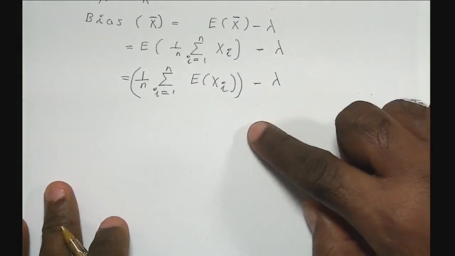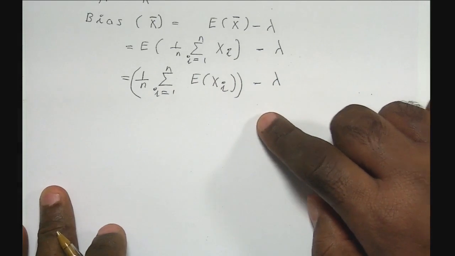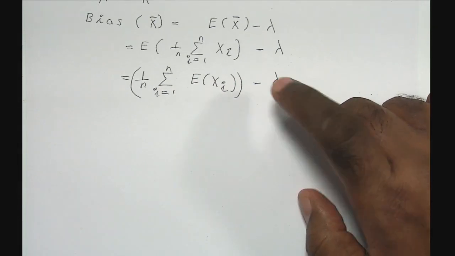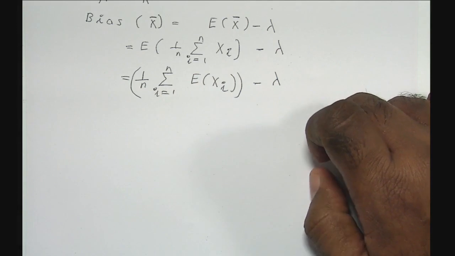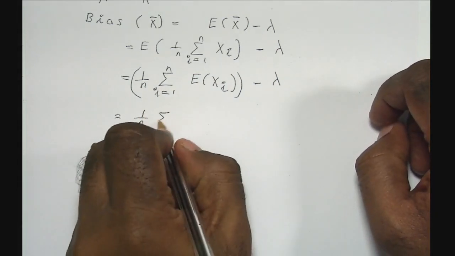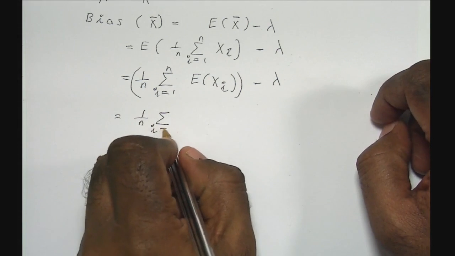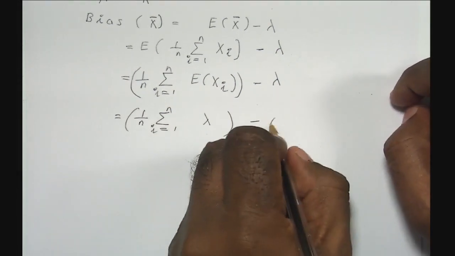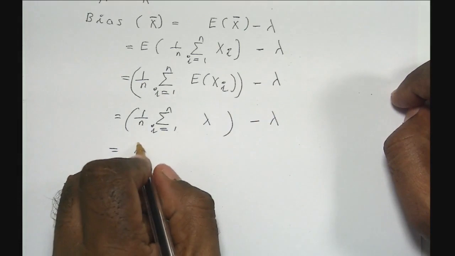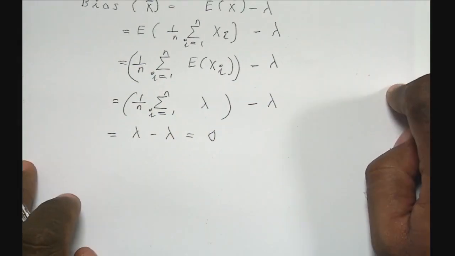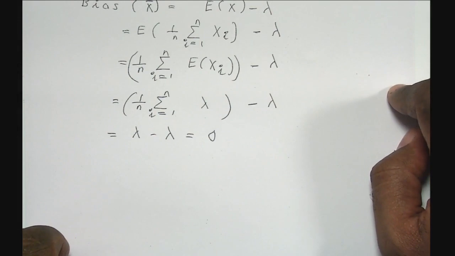The expectation of xi, you remember, for a Poisson variable is equal to the parameter lambda, right? So this is 1 over n times the sum of lambda, which is lambda, so the estimator is unbiased, right?